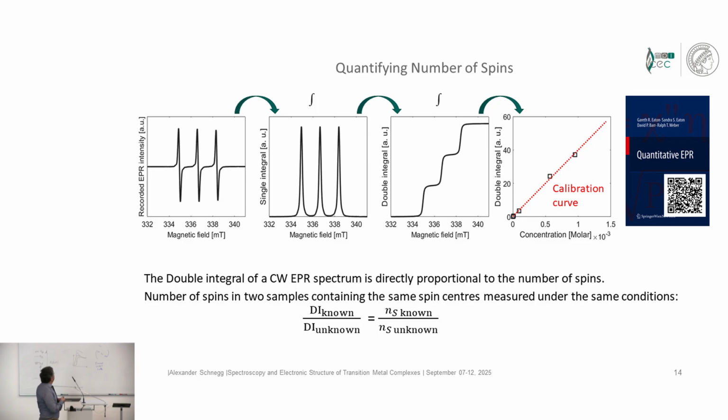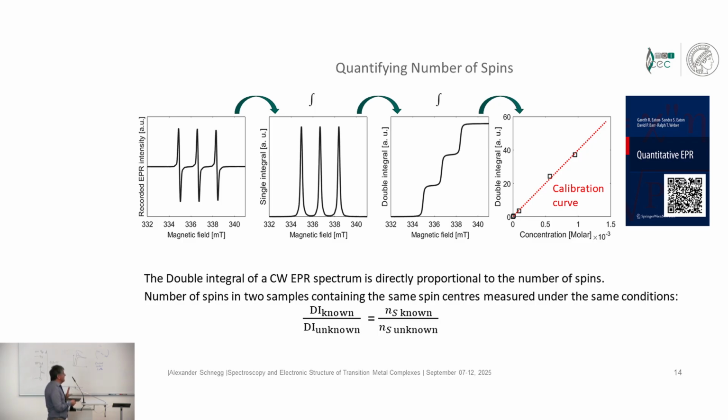You do spin quantification in the following way. You detect your EPR spectrum, then you do a numerical double integration, and then you plot the double integral on a calibration curve which gives you the number of spins or the spin concentration in your sample. This works super well for certain sample classes, like for example nitroxides and radicals.